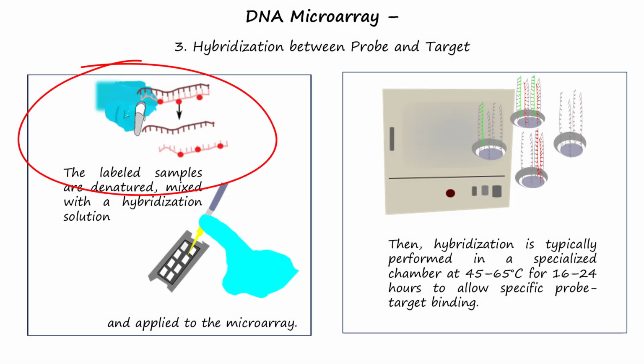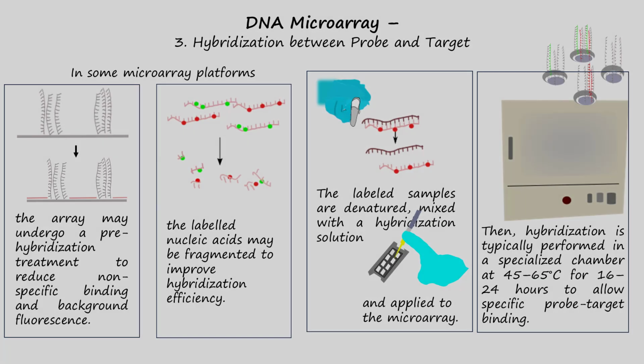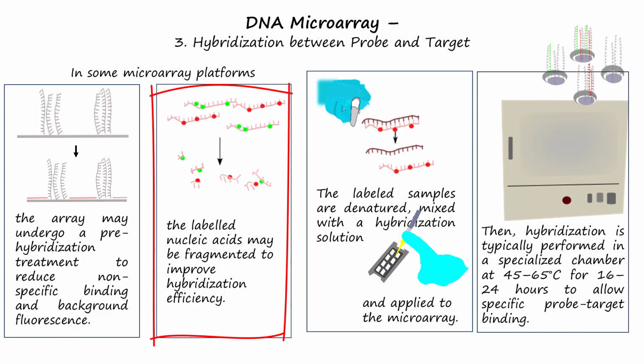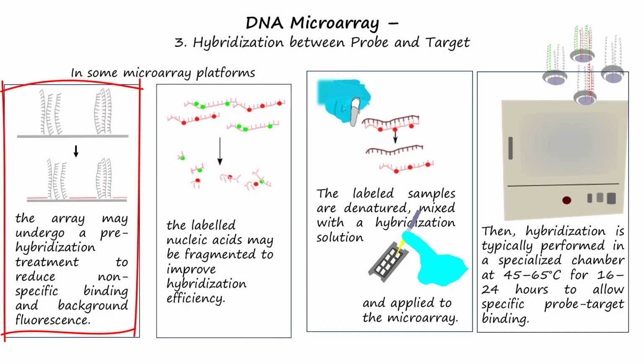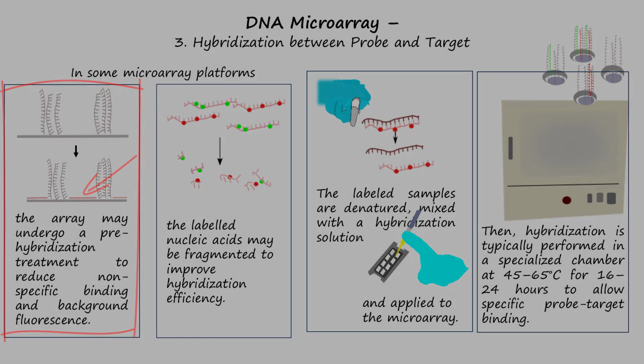The labeled cDNA is then denatured to produce single-stranded molecules. Depending on the microarray platform, the labeled nucleic acids may also be fragmented to improve hybridization efficiency. In some microarray platforms, the array may undergo pre-hybridization treatment to reduce non-specific binding and background fluorescence.